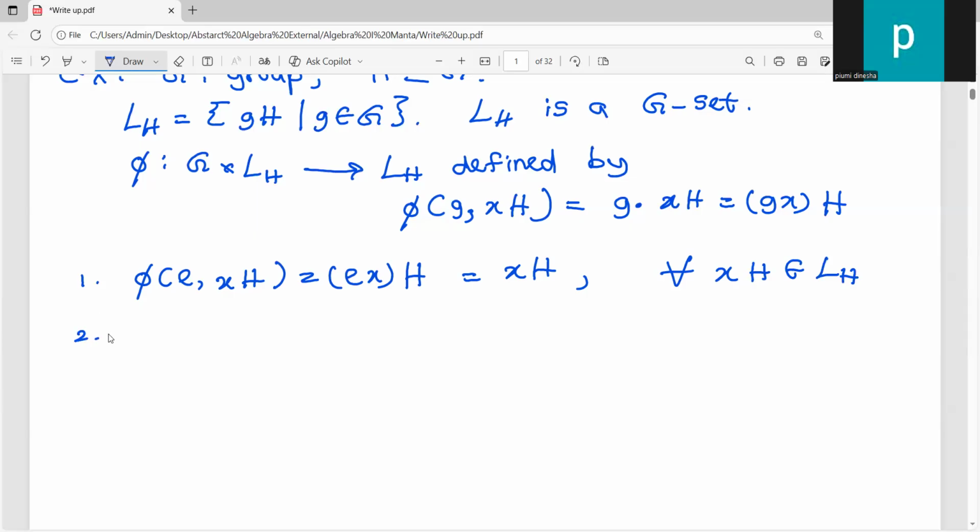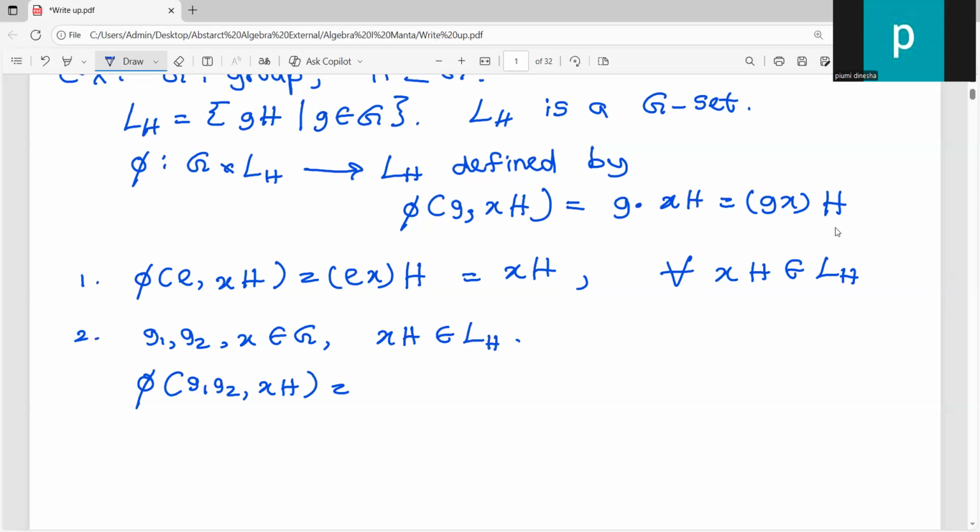Now the second condition, let's take G1, G2, and X all to be in G, so that xH is an element in L sub H. Now, let's find phi of G1G2 comma xH. This, by definition of this group action, is given by G1G2 times xH. Now, this you can write as G1 times G2xH.